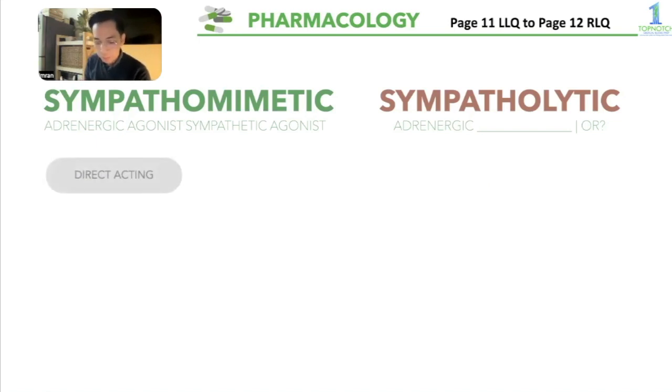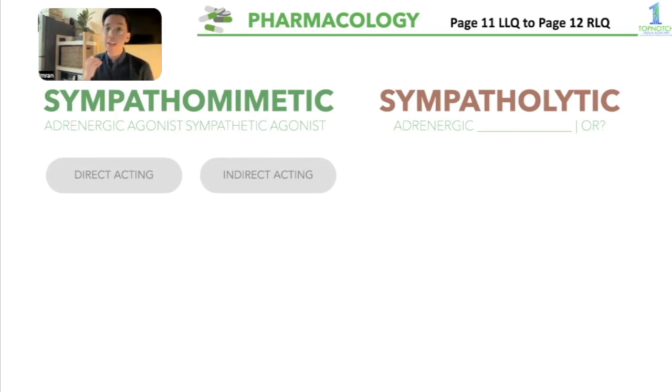Siyempre, with your sympathomimetic, pasok dyan yung ating mga direct acting, yung indirect acting. Pag sinabing direct acting, again, tulad nung kanina sa cholinergic nervous system, they act on the receptor itself. It's either alpha receptor, beta receptor, or dopamine, kung ano mang receptor yan na nasa adrenergic nervous system.